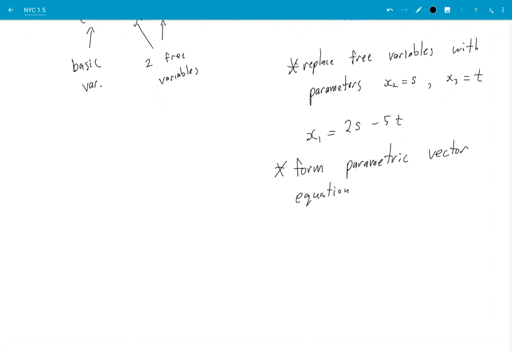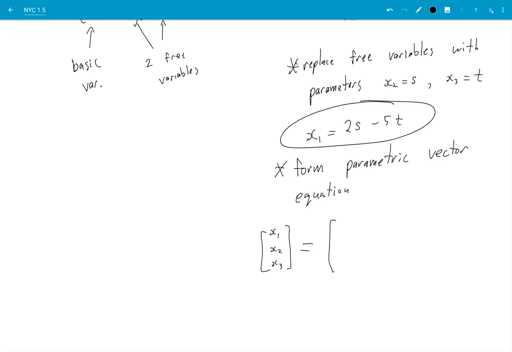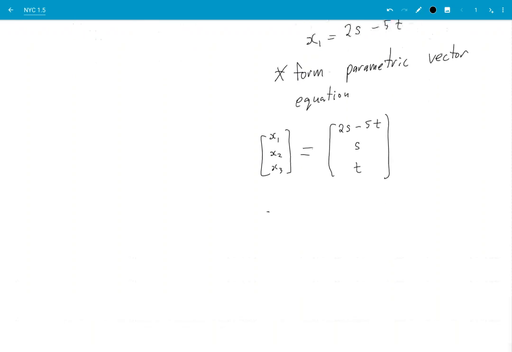Here we start with the vector x1, x2, x3, and we make this replacement here and also these replacements here. I'll leave the left-hand side alone.